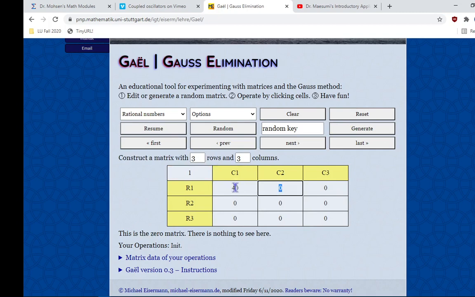I have 1, 0, minus 2. Let's make sure we are not entering the wrong number. Minus 1, this was 3, this was 5, this was minus 10.